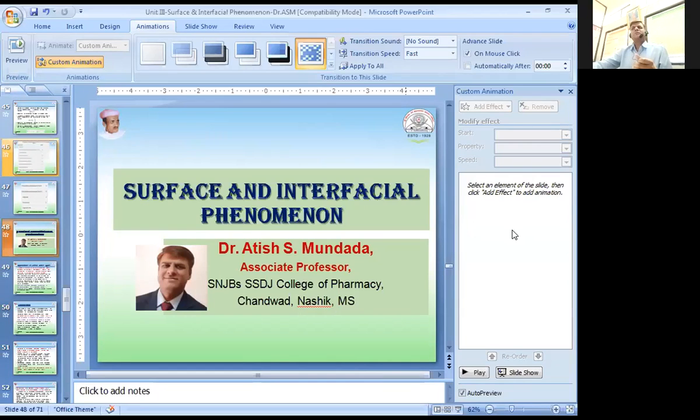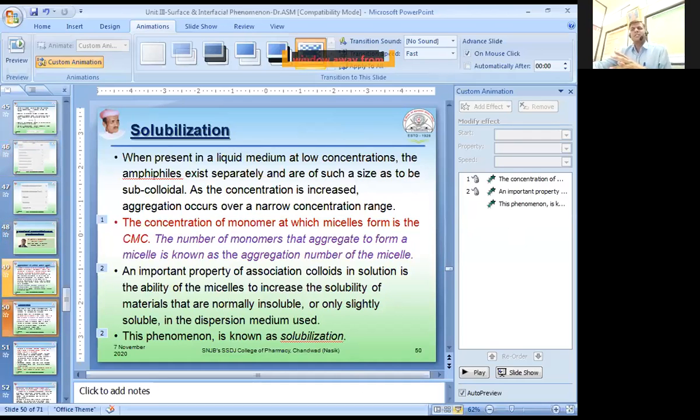So what happens with the Tweens? SPANs are lipophilic in nature, and when polyoxyethylene chains are added into their structure, the molecule becomes hydrophilic in nature.